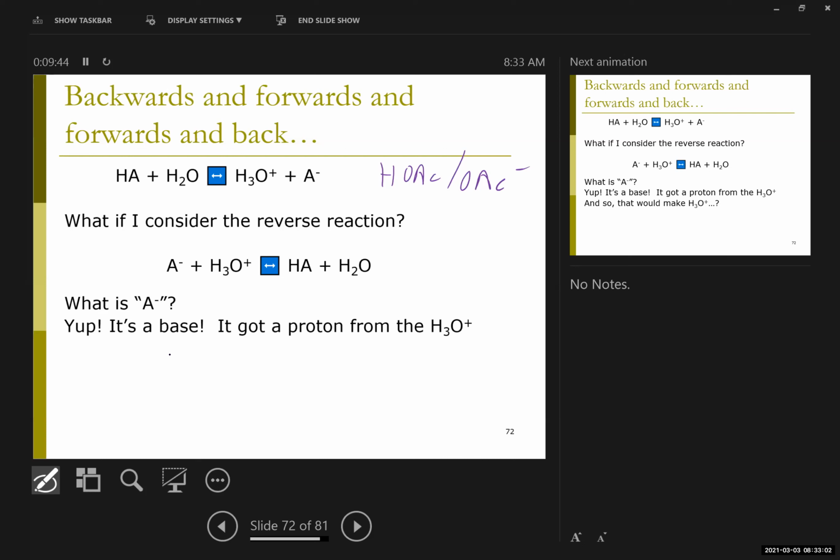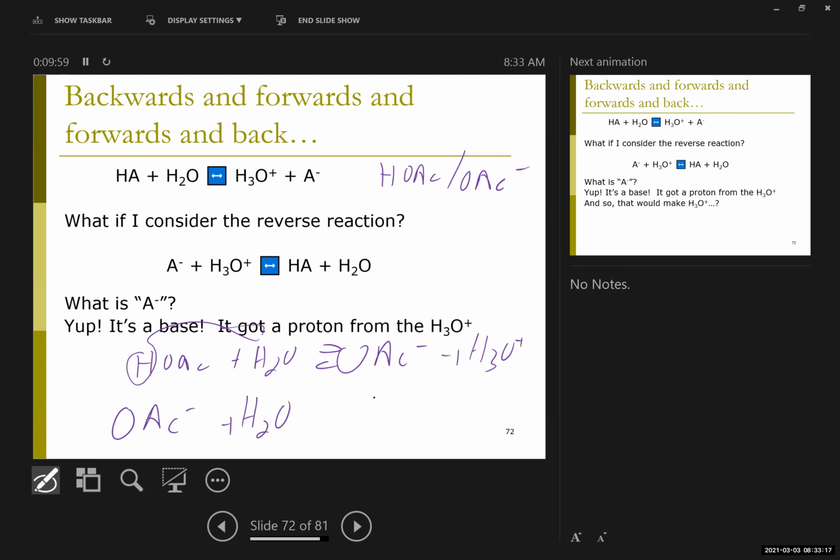If I put acetic acid in water, hey, it's an acid, water's a base, there's a proton transfer from the acid to the base. Hey, look, I got acetate. If I put acetate in water, hey, it's a base, water's now an acid, proton goes from the water to the acetate. Hey, look, I made acetic acid.